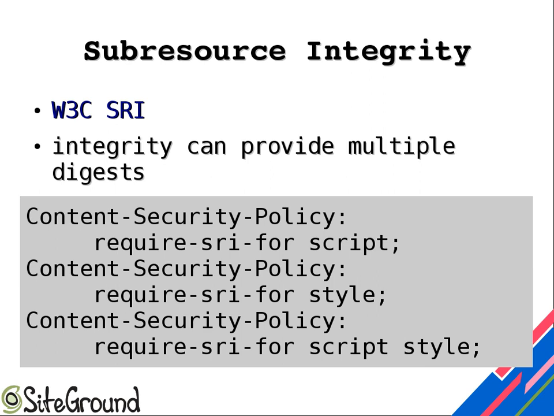The other is referrer policy. Referrer policy, everyone knows what referrer is. However, not everyone wants to send the referrer to Google, Facebook, and whatever. So you can tell the browser not to send referrers, which is quite nice. And you can use the referrer policy header here.